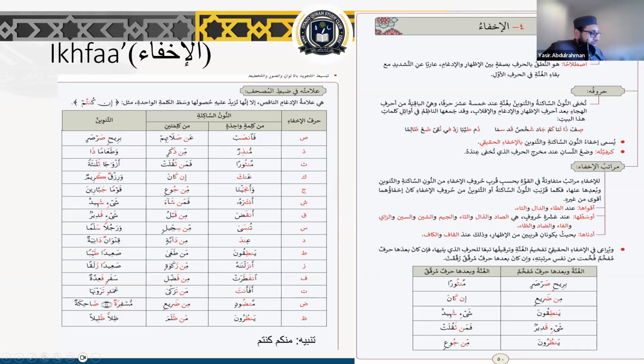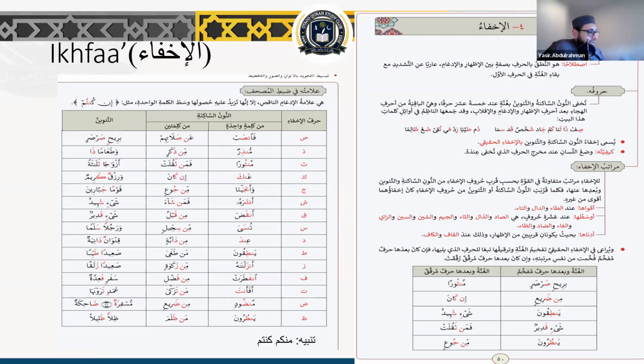So page 148, the top part of it, that is comparing إخفاء with the إظهار and إدغام. Remember in the definition, we said it's a state in between إظهار and the إدغام, right? So what is that? So this table is comparing the إظهار, the إخفاء and the إدغام of the نون ساكن and تنوين from two angles.